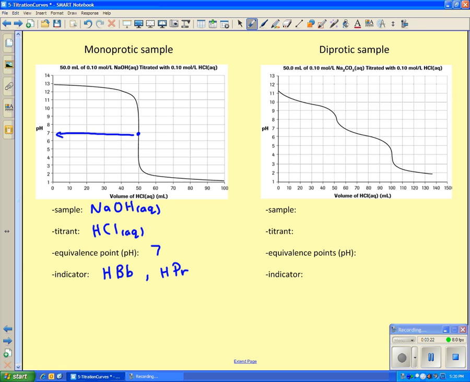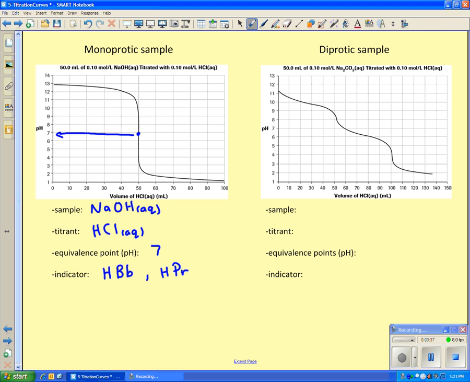Looking at the second graph, this is called a diprotic sample because we see two different drops along that graph. So the sample that we're measuring the pH of has two proton transfers this time.